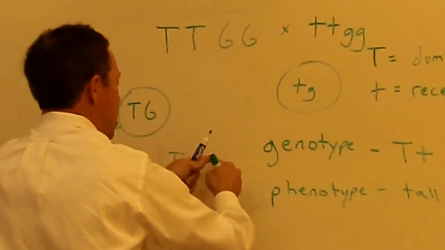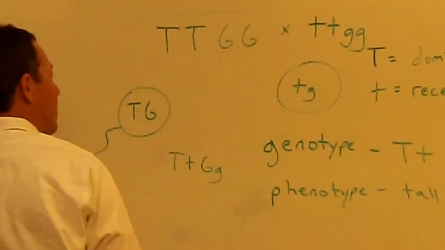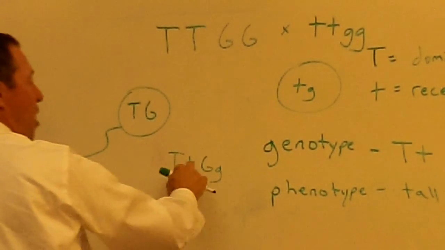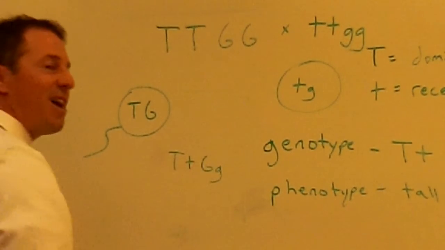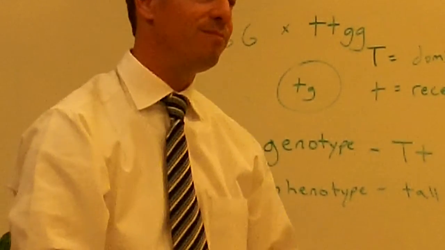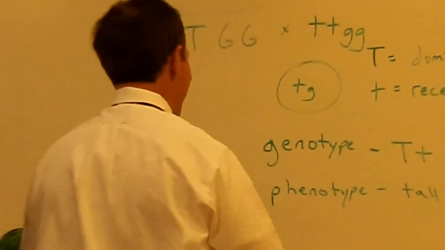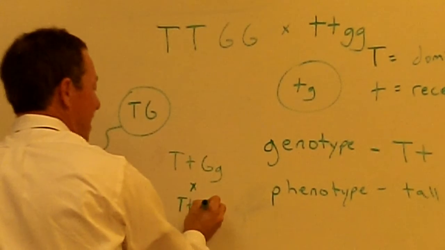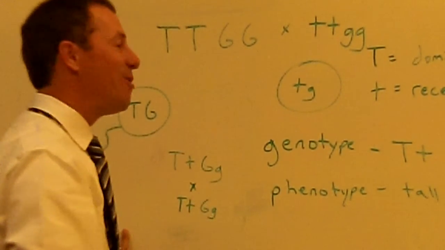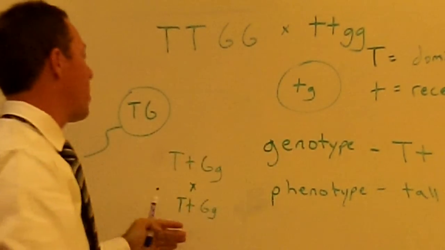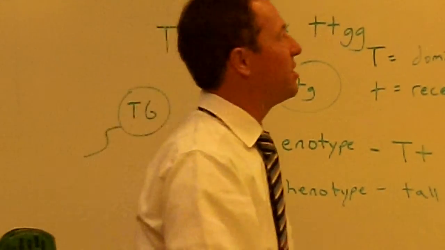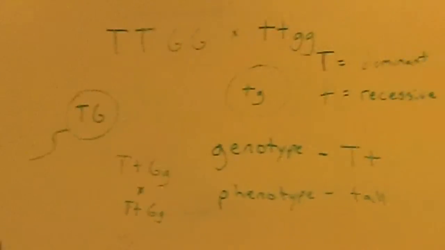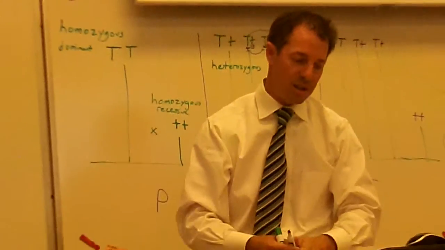You put the two g's together, big G, little g. And you'll still have a tall and green plant, but they're heterozygous. Now, if you wanted to make this with another one just like it, then we've got a lot of different sperm cells that are possible and a lot of different egg cells that are possible. And that's what this square shows. And that's what we'll pick up with next time.